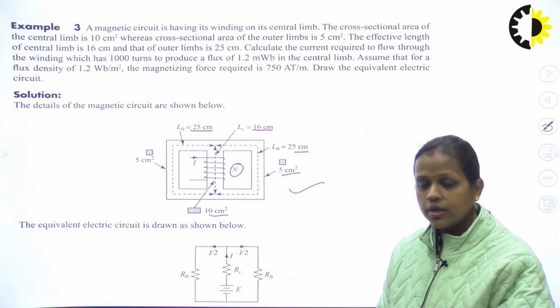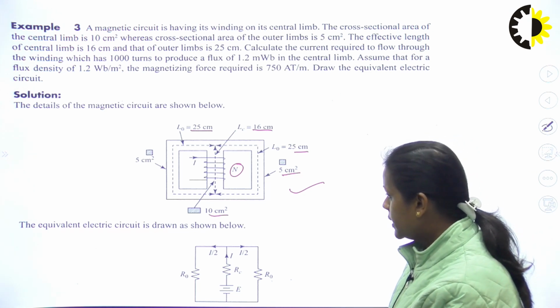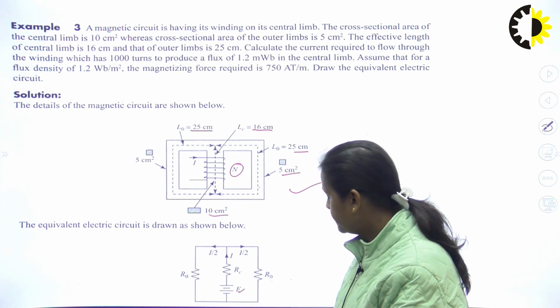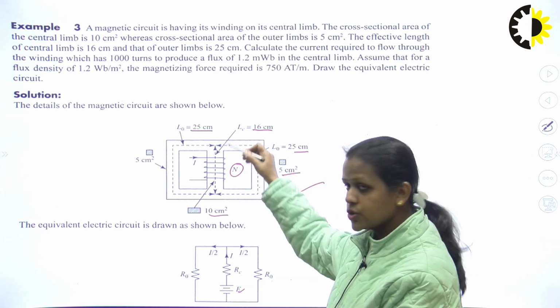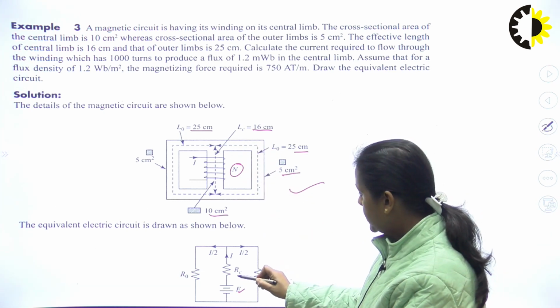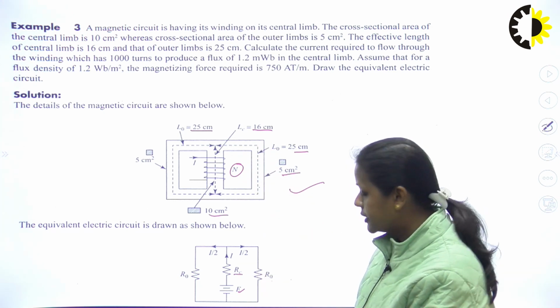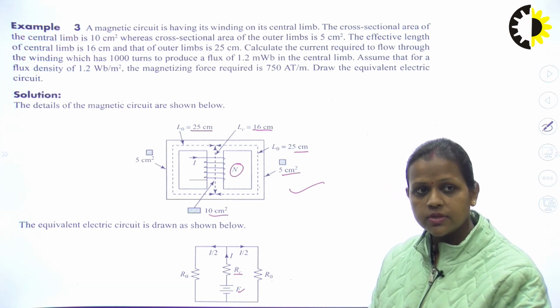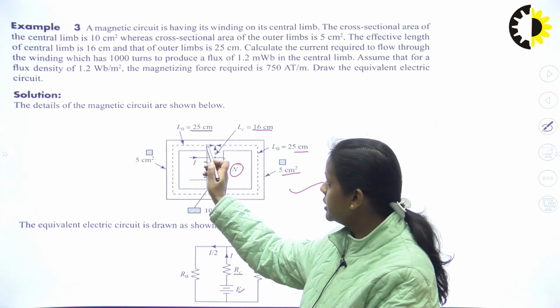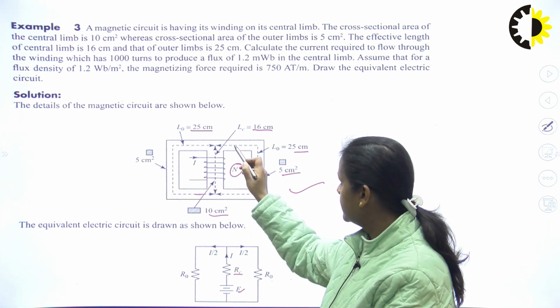So if we draw the equivalent electric circuit, we know the MMF will be replaced with E. There will be some reluctance of the central limb, which will be represented with a resistance. Now there will be some reluctance of these side limbs, right?